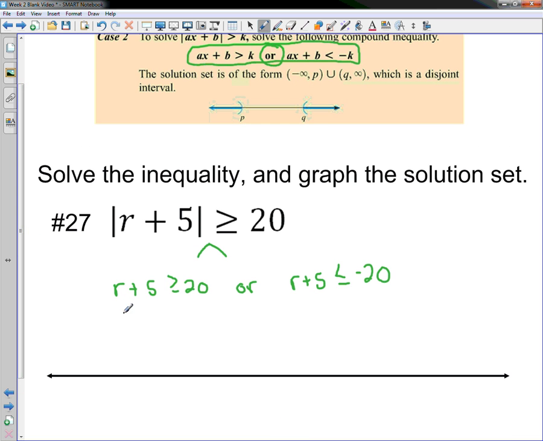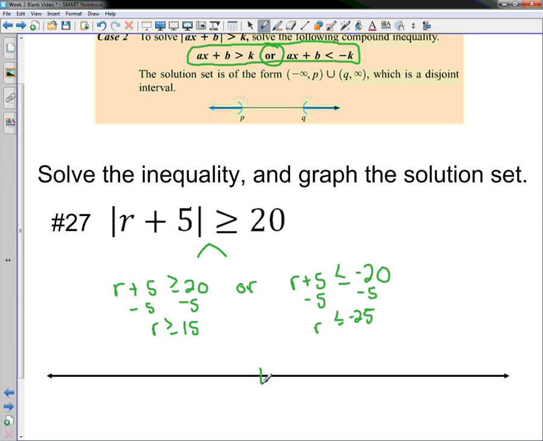We go ahead and solve this by subtracting 5. So we get r is greater than or equal to 15. Subtract 5, and r is less than or equal to negative 25. To graph these, we look at r is greater than or equal to 15.